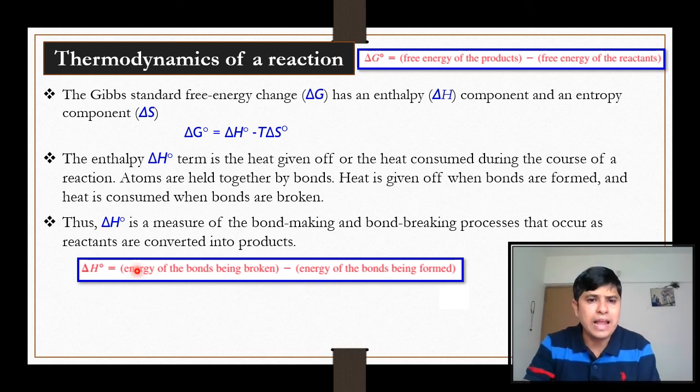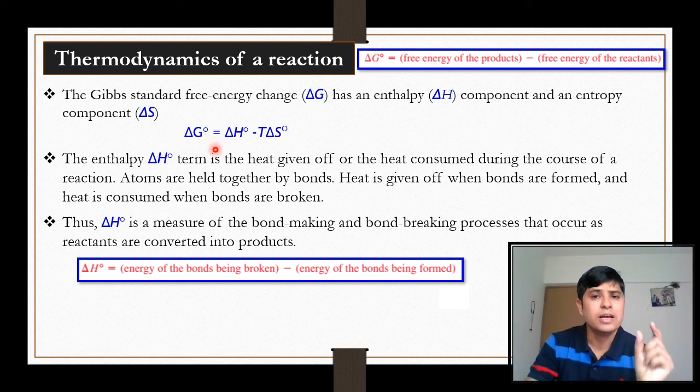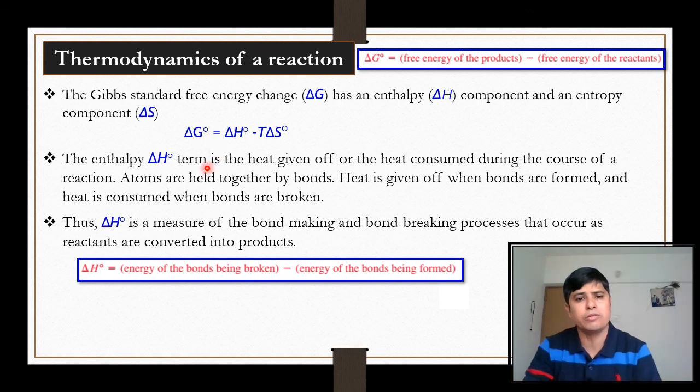So when a reactant gets converted into product, we should have a negative delta G term. For a negative delta G, we want a negative delta H, or this delta H value should be lower than the T delta S value.